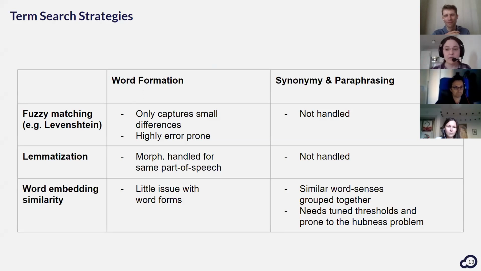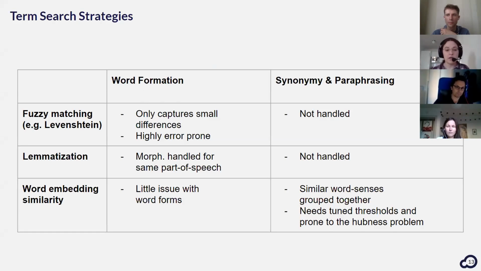Word formation. By this, I mean morphology, like verb inflections, noun declensions, suffixes and things like this. And then synonymy and paraphrasing. Of course you can have different synonyms: on the source side you can have one term, and on the target side it can be translated in a few different ways. So these are the two big things, at least, that we need to consider when we're trying to match terms.